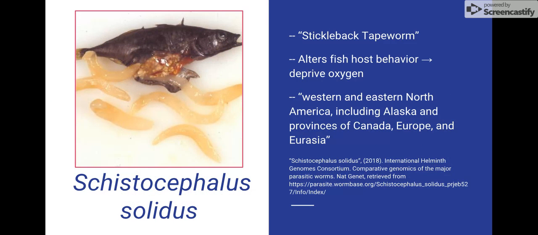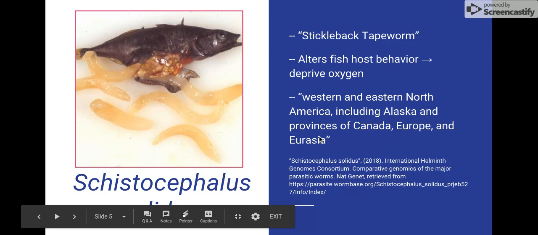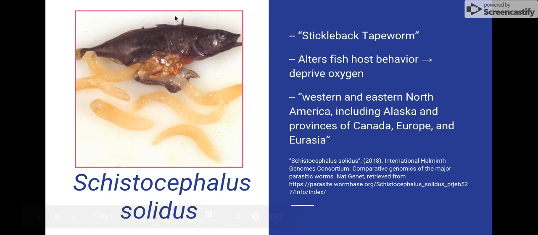The next one is the Schistocephalus solidus, which is also known as the stickleback tapeworm. As you can see, the sticklebacks here. And it is very interesting because it alters the secondary host fish's behavior.